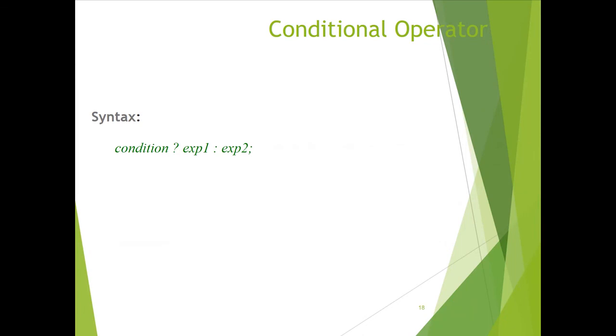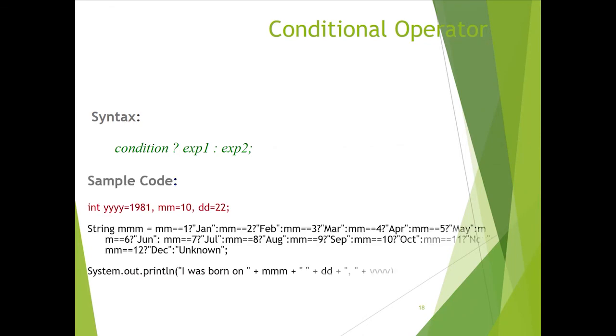So for example, we have a syntax: condition, expression 1, expression 2. So for example, we have this. Okay, so we have here int y is for the year, m is for the month, dd is for the date.